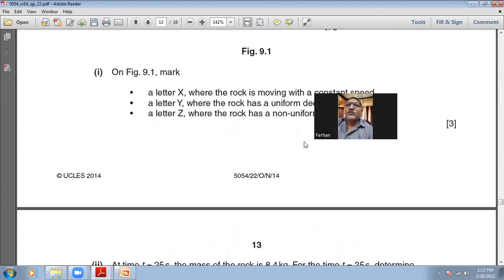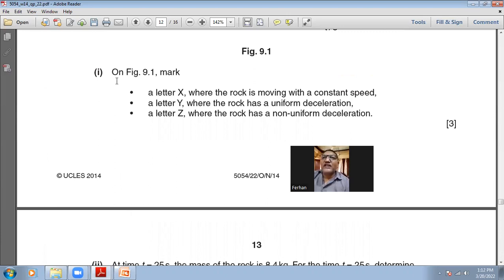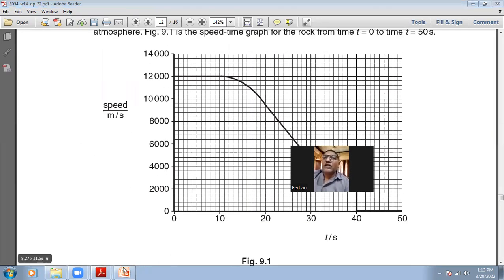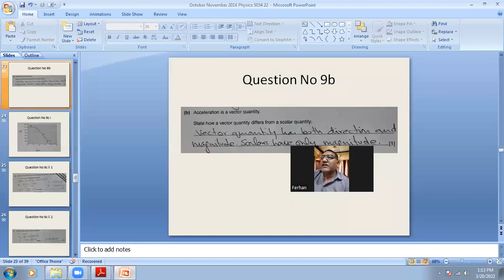Their first question comes up on your screen. He says, on figure 9.1, mark a letter X where the rock is moving with a constant speed, a letter Y where the rock has a uniform deceleration, and a letter Z where the rock has a non-uniform deceleration. So let me show you. I have done this already.